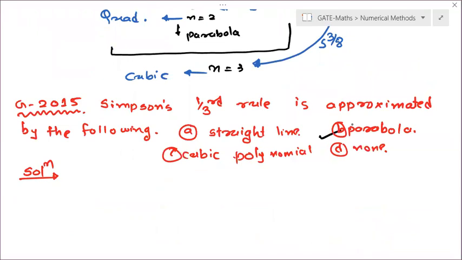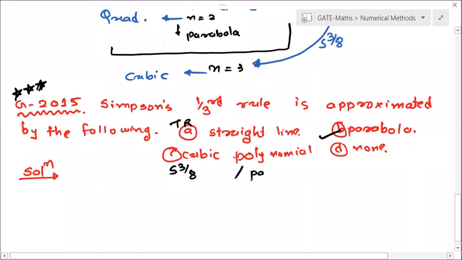If in the question they ask about trapezoidal, this is an important question: the trapezoidal rule is applied to a straight line. If they ask about Simpson's 3/8 rule, it is for a cubic polynomial, or sometimes they can give you cubic parabola.